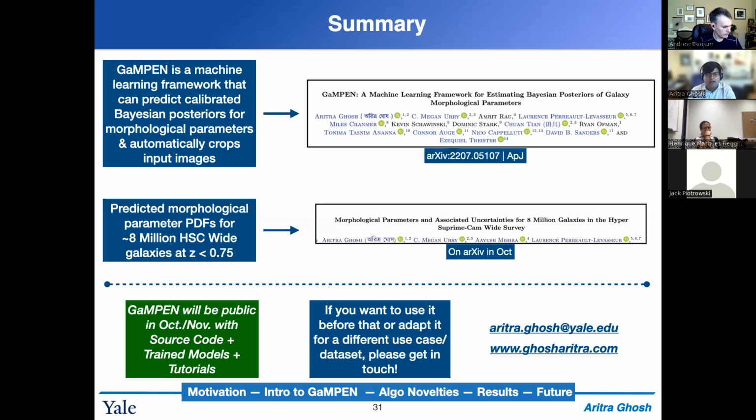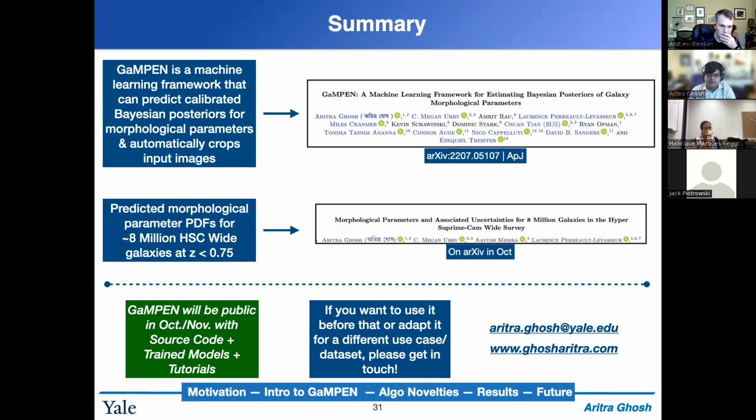But with GaMPEN also, you should be able to just train it on any data that you have. You just have to remember that you can't take our trained model and directly apply it on Hubble data because it looks different, of course, from Hyper Suprime-Cam data. But if you do transfer learning, a little bit of fine tuning, then you should be able to use it without any problems.